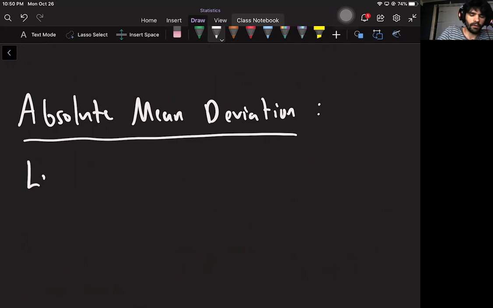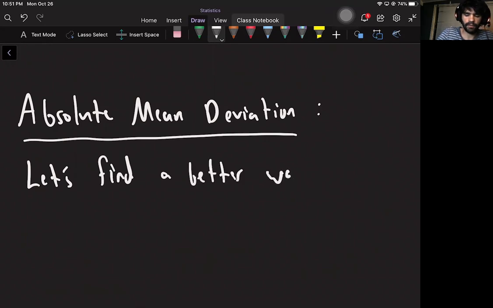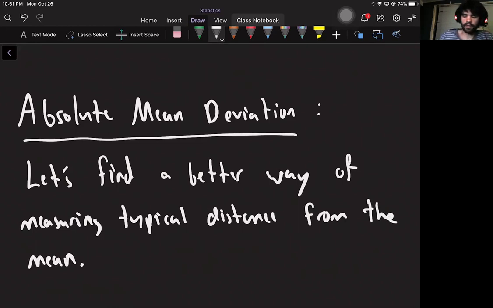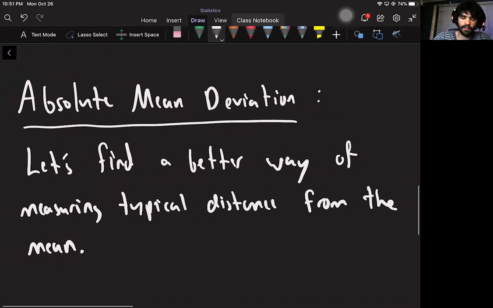So let's find a better way to measure spread. What we're going to do is literally what we want to do, which is measure typical distance from the mean. So this is nice because it'll tell us how far everything is on average, typically, from the mean of the data.